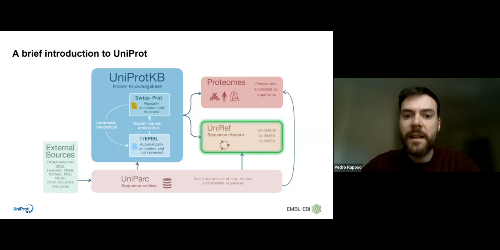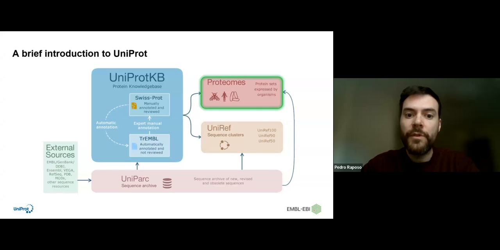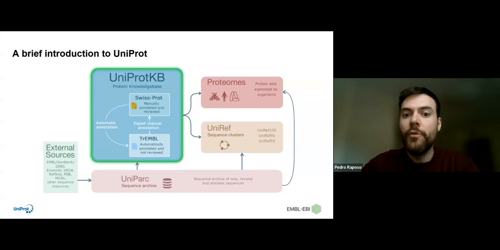We provide those data sets for clustering proteins based on sequence similarity into UniRef. And finally, we group proteins by their genome assemblies, creating proteomes. But today we are going to focus on our most used resource, the UniProt knowledge base.